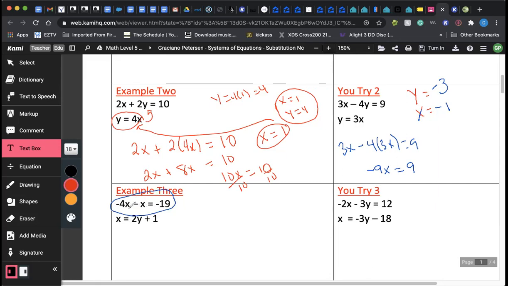So I have -4x minus x. So when I simplify, I just have -5x, right? Because -4x minus another x gives me -5x is equal to -19. I'm going to divide both sides by -5. So that x is equal to 19/5. I'm just going to leave it as that fraction. That's going to make my life easier right now. I don't need to simplify that.